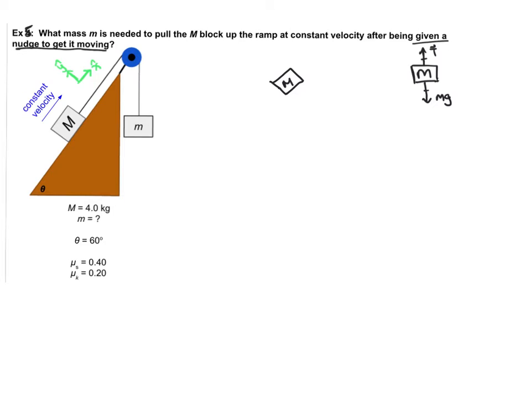So for uppercase M, we have gravity pointing down. And that is not in line with x or y, so I'm going to draw components on that.